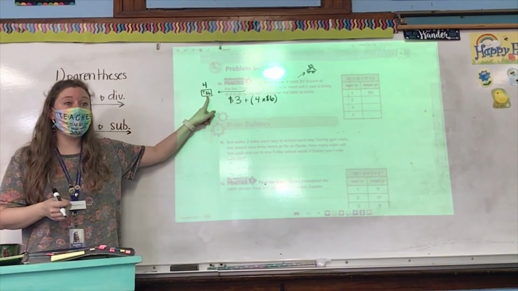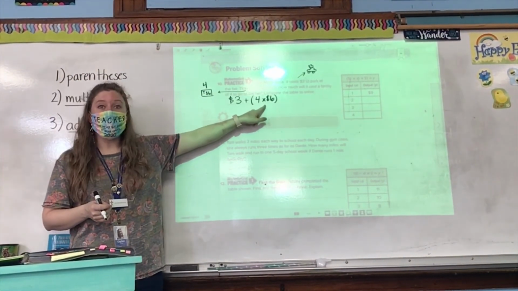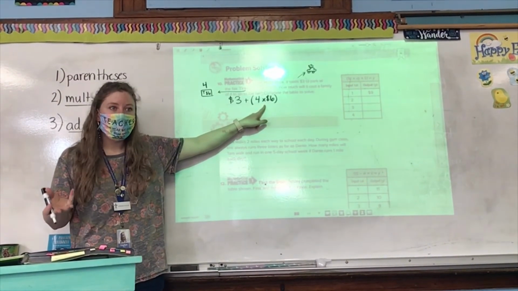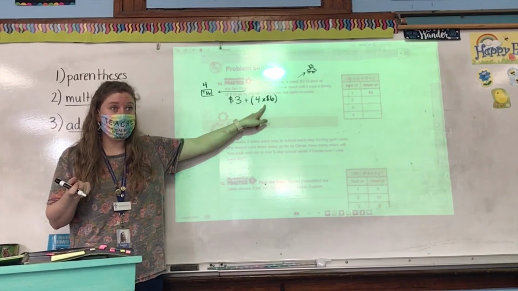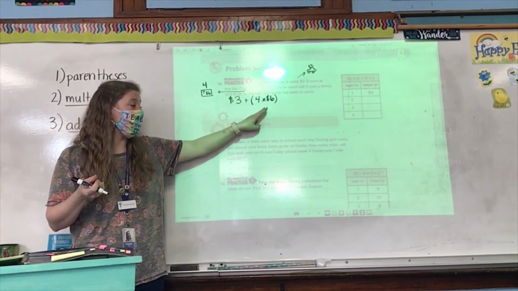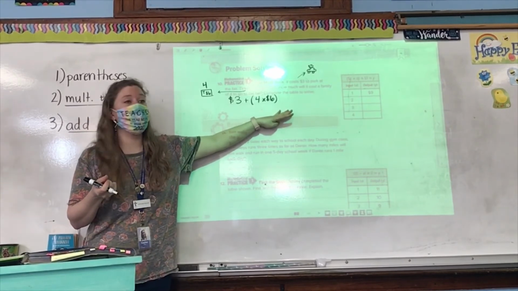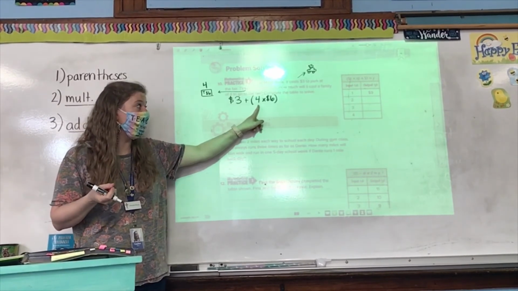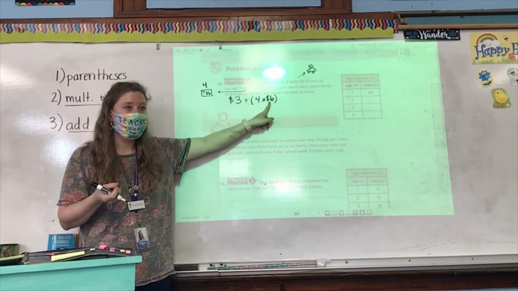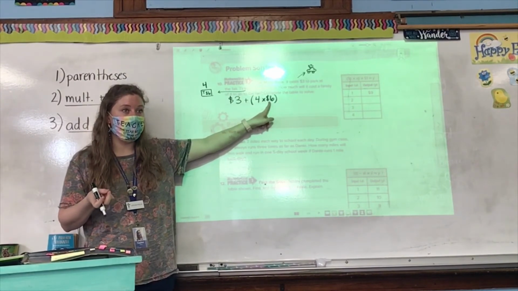When we repeat a number, remember, repeated addition is another way to do multiplication. So instead of writing plus $6 plus $6 plus $6 plus $6, we can write plus 4 times $6. 4 people, each need to pay $6.